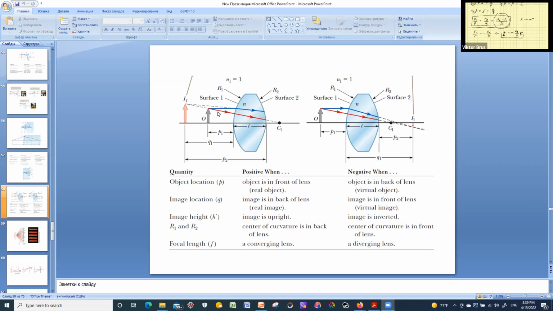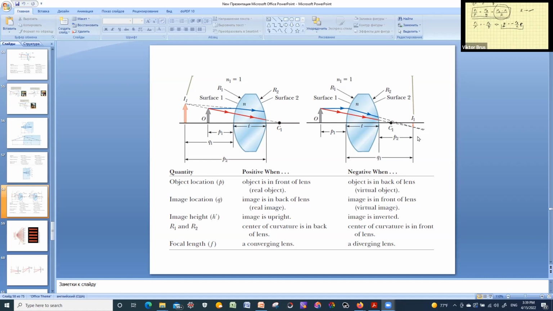When we extrapolate these refracted rays, which are already in the second medium, the glass, we get the point which is the image formed by the first curvature. In a similar way, we can also determine the image formed by the second curvature.